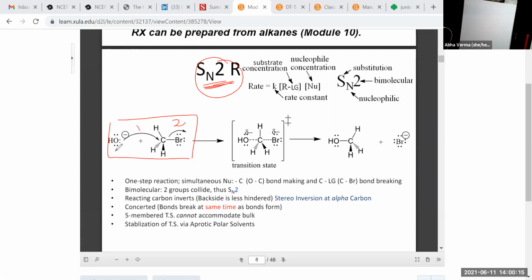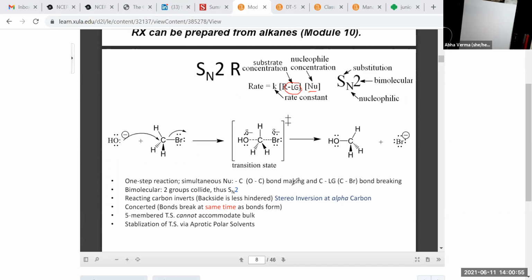So now, since both our nucleophile and the substrate are important, we say that this is a second order reaction, a bimolecular order rate. Okay, so this is the rate, the order of the reaction is second order. What does this mean for us? If I will change the concentration of the other, I will have to look into the concentration of the first one also.